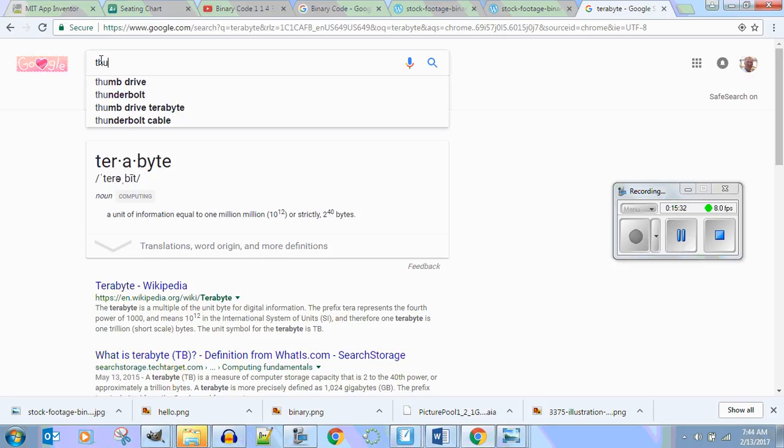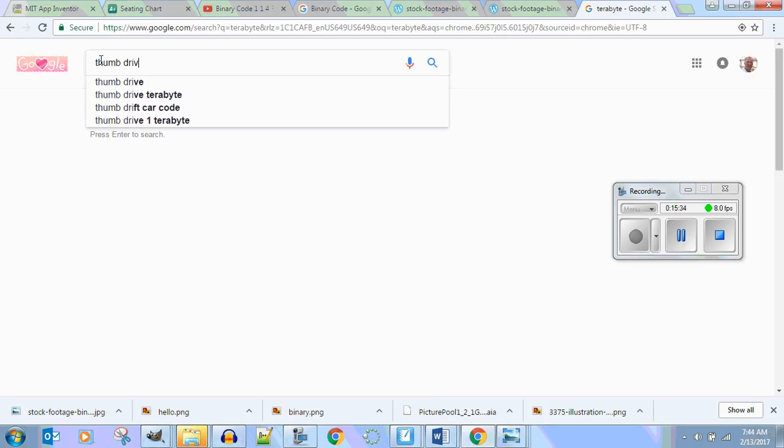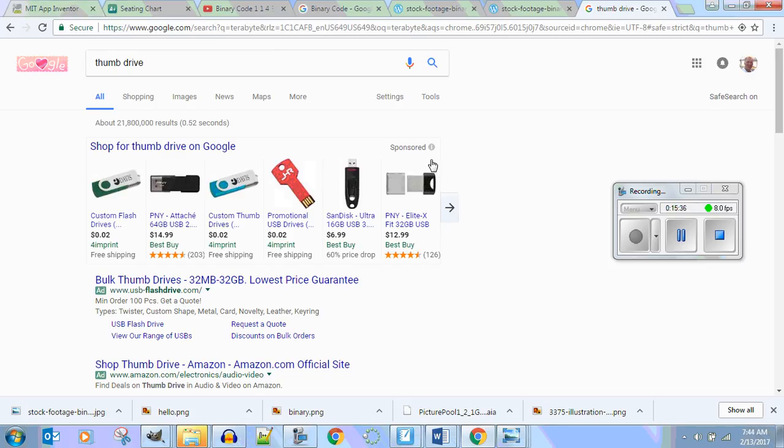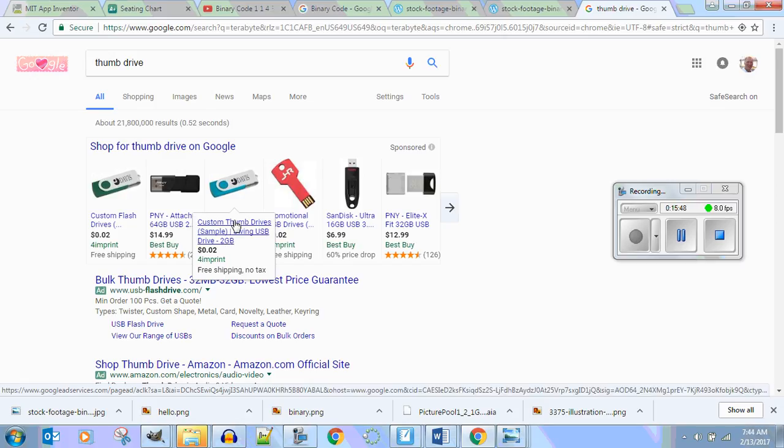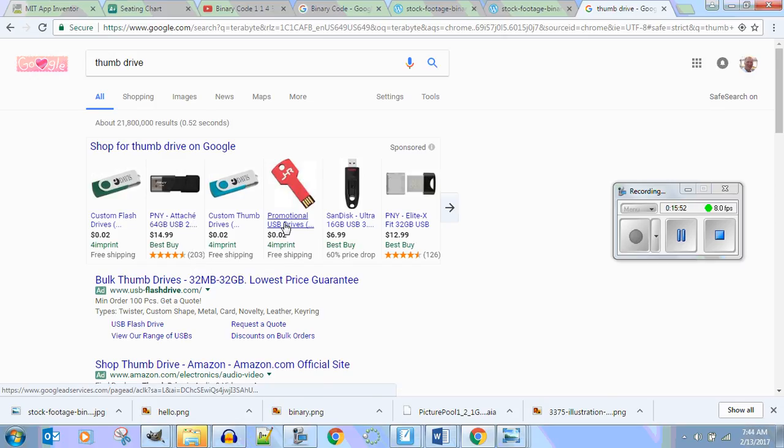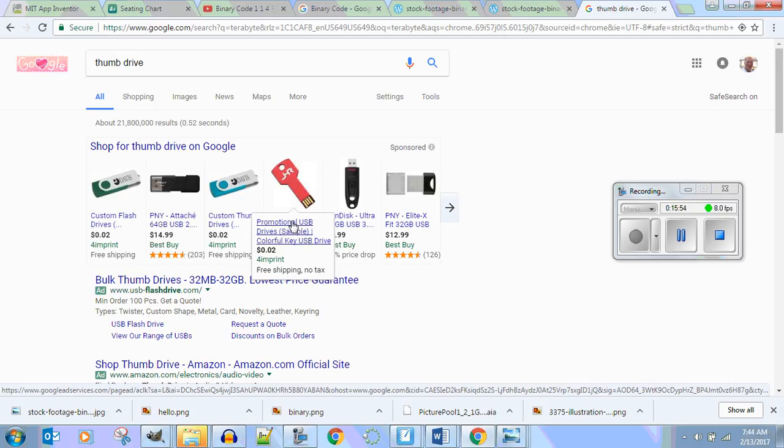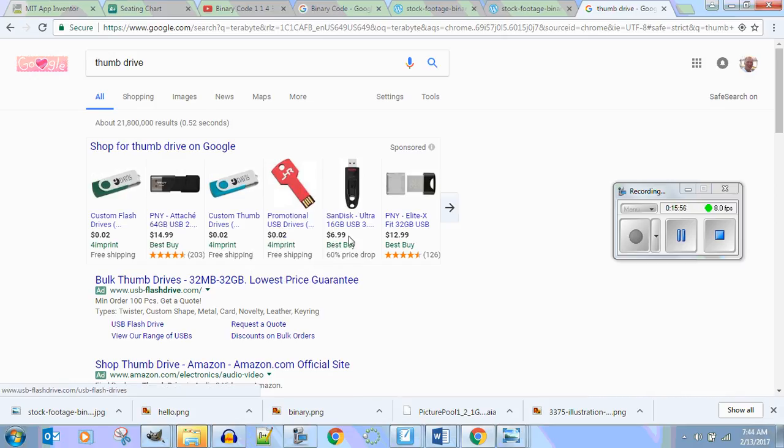Let's go find a thumb drive. You guys know what these are, right? These are thumb drives. So we'll just take this guy here. Do you guys see this guy's 64? Yeah, they're 2 cents. This guy is 2 gigs. You're not going to see 3 gigabytes in here. This guy's 16 gig.